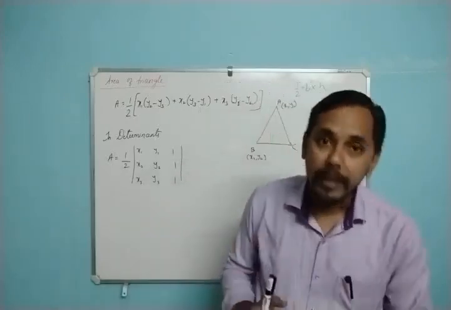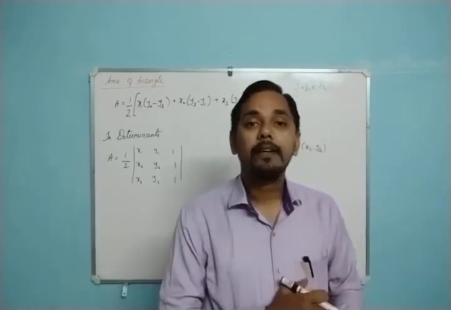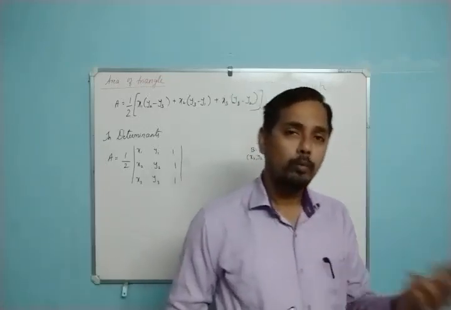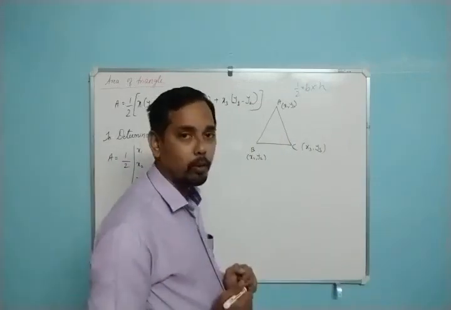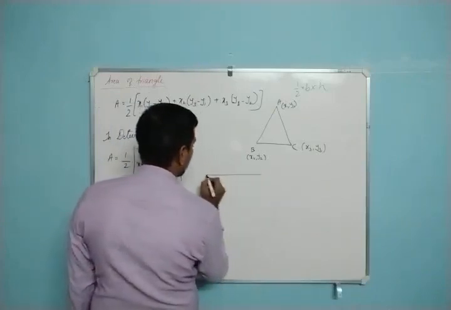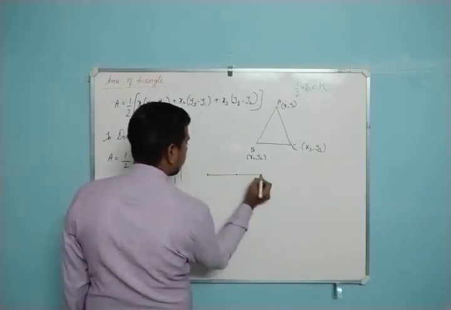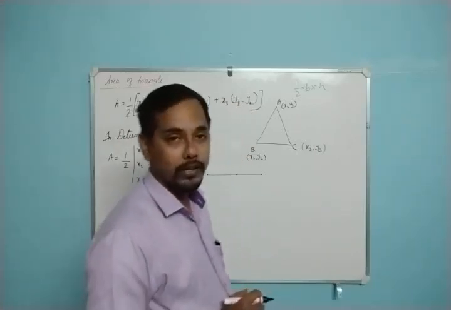So we are going to make use of this area concept to find whether the points are collinear or not. Collinear means the points should be lying on the same line. If they are lying on the same line, then we call it a collinear system.